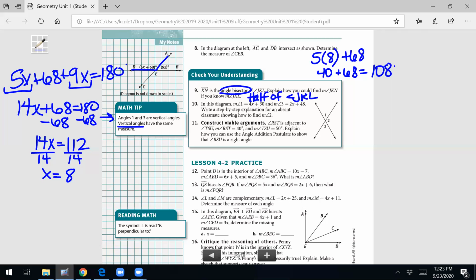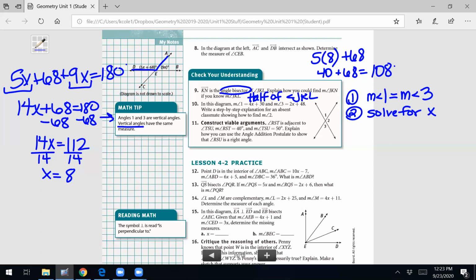What do we do once we have 1 and 3? How are we going to get it? Good. We're going to subtract that from 180 because angle 3 and angle 2 are supplementary, or angle 1 and angle 2 are supplementary. So first thing they need to do is set the measure of angle 1 equal to the measure of angle 3. That's the first thing that they would need to do. Then, after they do that, solve for x.